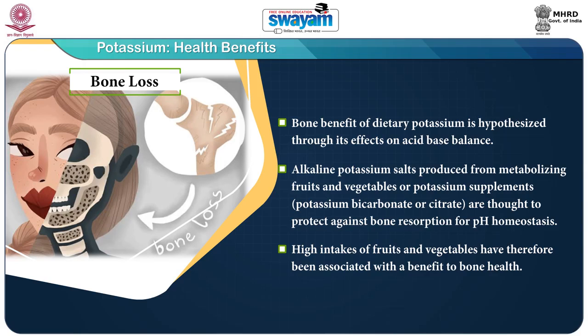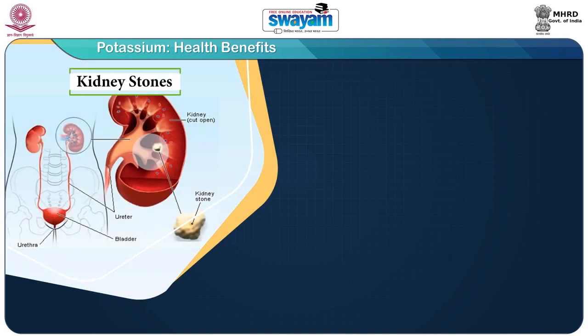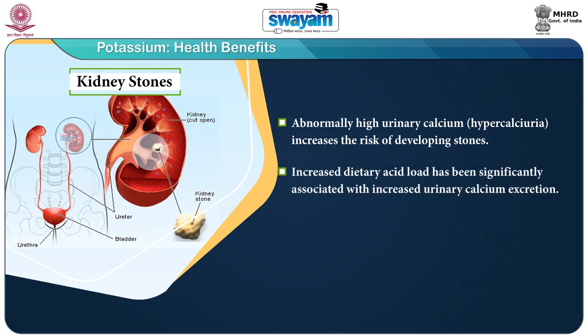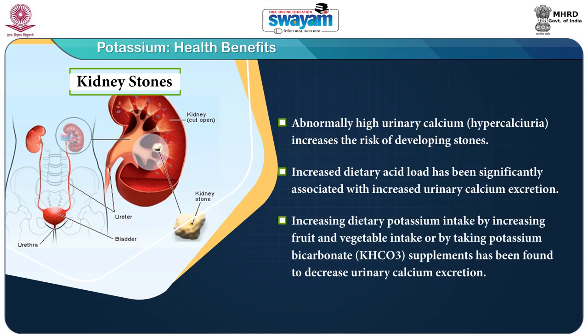Now, coming to the role of potassium with respect to kidney stones, abnormally high urinary calcium leads to a condition known as hypercalciuria, which increases the risk of developing kidney stones. Now, increased dietary acid load has been significantly associated with increased urinary calcium excretion.